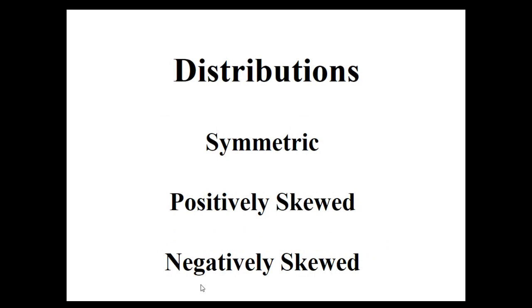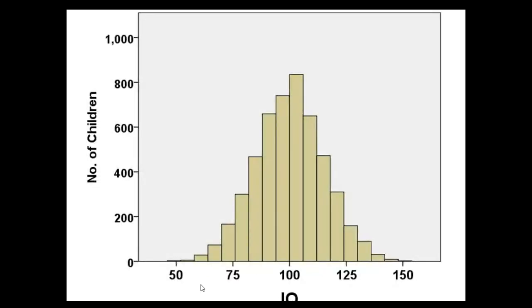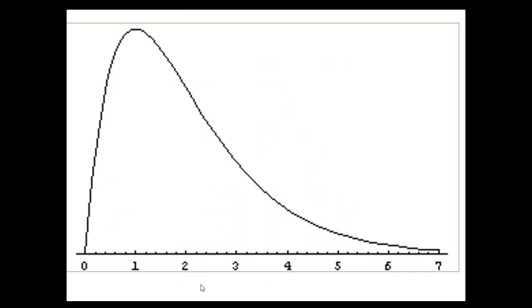Now, second, during the last lecture, we discussed how distributions can be symmetric, positively skewed, or negatively skewed. In a symmetric distribution, the two sides of the histogram look like mirror images of each other. The mean and the median are equal to each other. In a positively skewed distribution, there's a long tail that points in the positive direction.